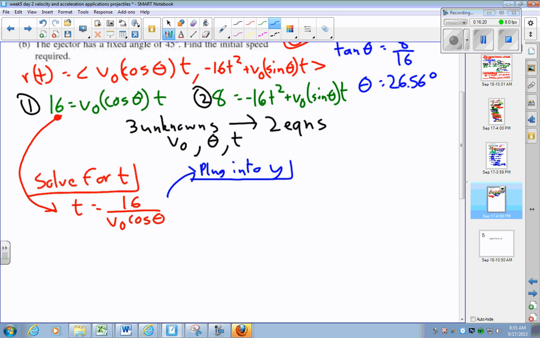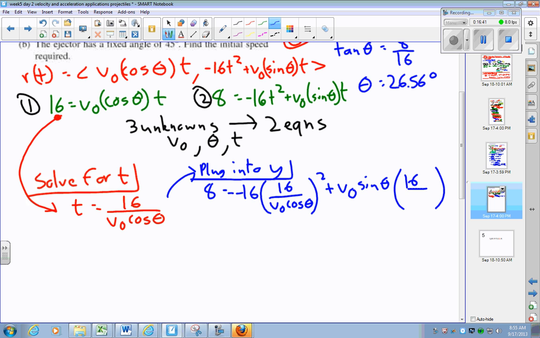And I would get 8 equals negative 16 over v naught cosine theta squared plus v naught sine theta times 16 over v naught cosine theta. Okay, so I have that.